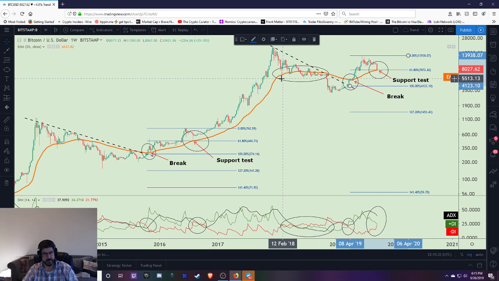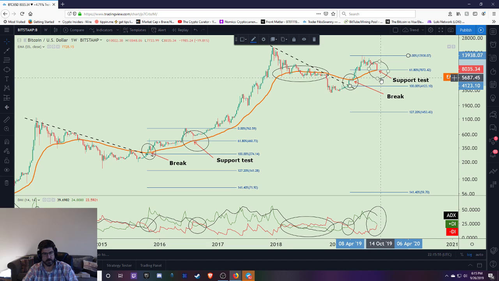There are going to be a couple other levels to watch in here for some support. You look at these lows in here before we broke to the downside, so this area of breakdown right here, you're probably looking at about 6,000. So 6,000 could be the next area of support that could hold if it breaks here.